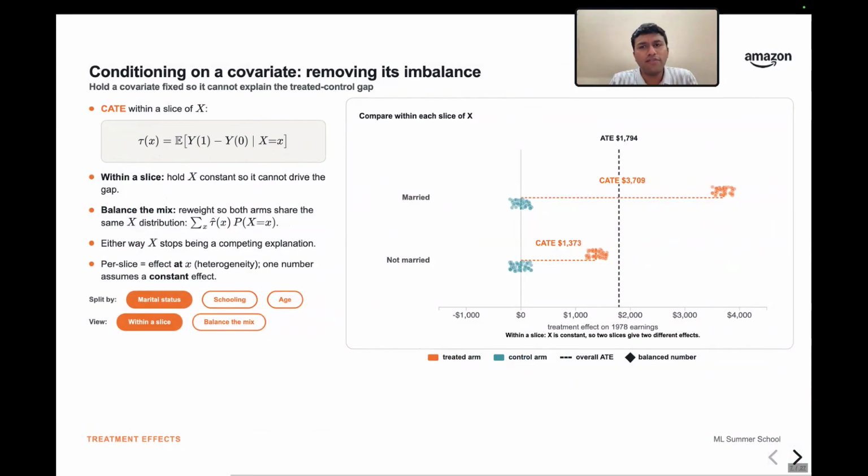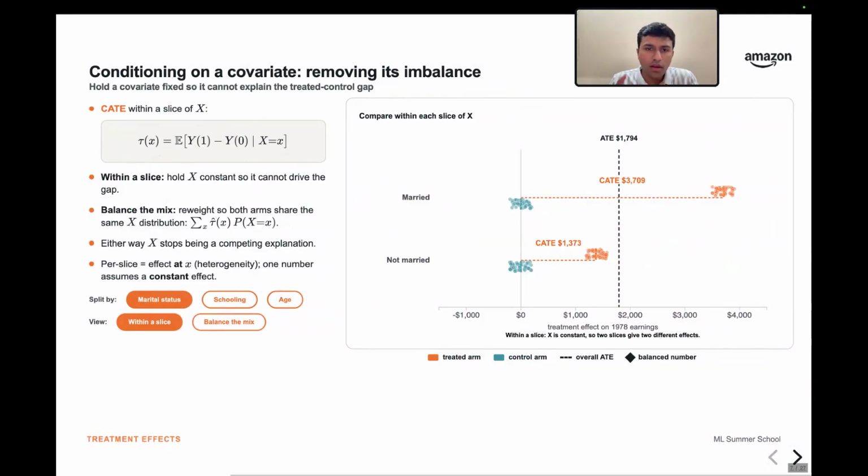And we can do similar slicing for the not married group as well. If you only look at that small slice of the not married group, and then look at the two groups, you'll get a different average treatment effect. So when you create such slices, you are looking at Kate, or the conditional average treatment effect.